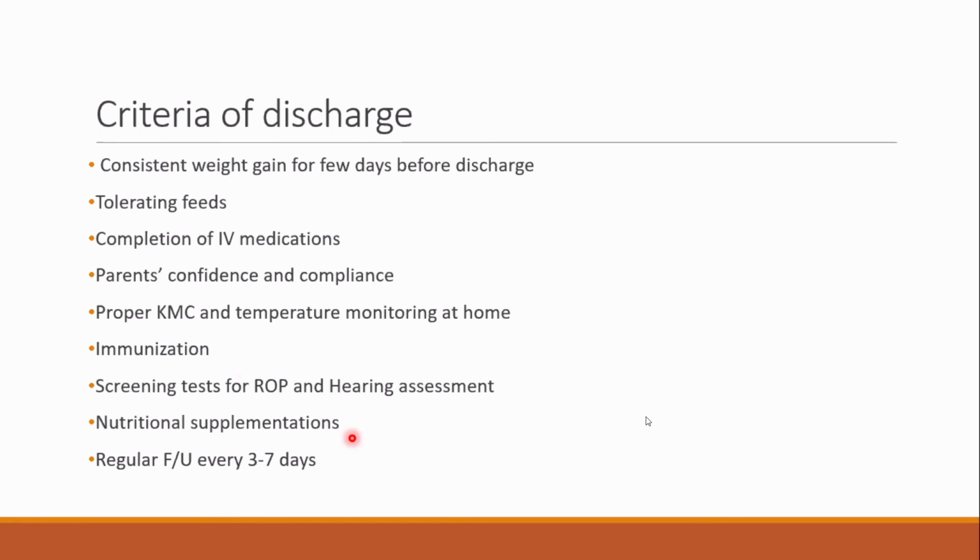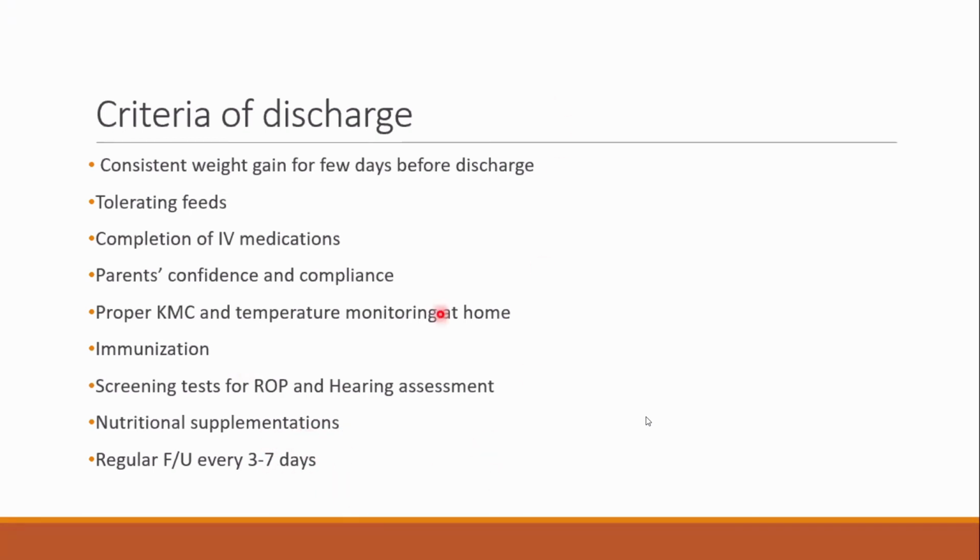Usually we start after 1 or 2 months. So iron can be started at follow-up, but the others should be started before discharge. After discharge, until the child becomes 37 completed gestational weeks, until the child has reached a certain weight, they should follow up regularly every 3 to 7 days.